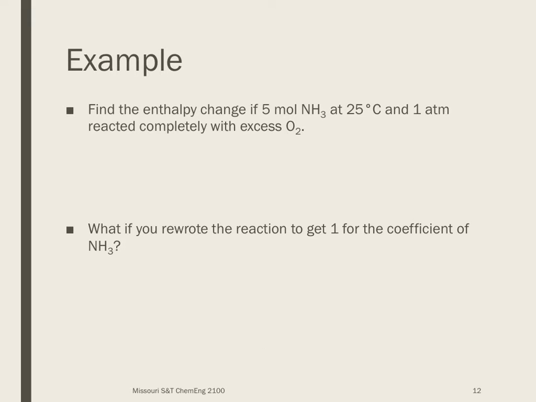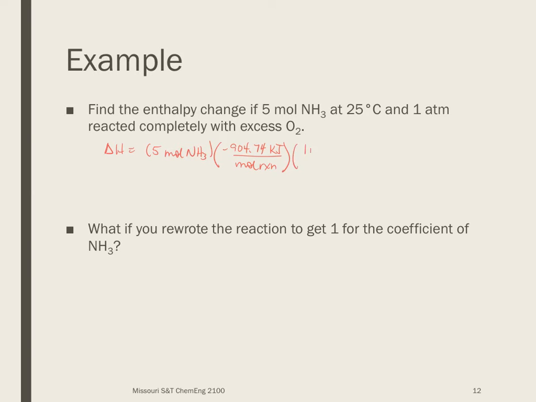So let's find the enthalpy change if 5 moles of ammonia reacted with excess oxygen, enough oxygen so that it could be completely used. So delta H is going to be 5 moles of ammonia times negative 904.74 kilojoules per mole of reaction.